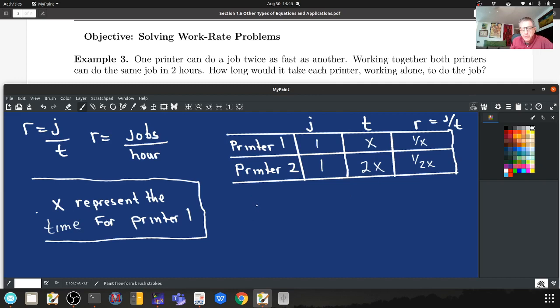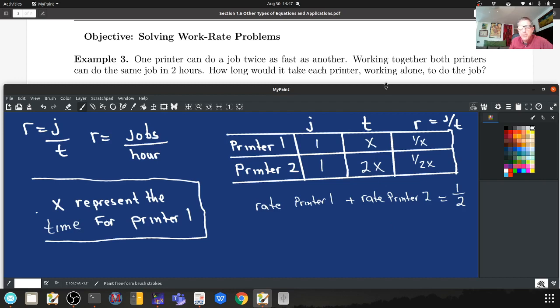If I look at the rate of printer 1 and I add it to the rate of printer 2, I get how long it takes both of them to do it together.